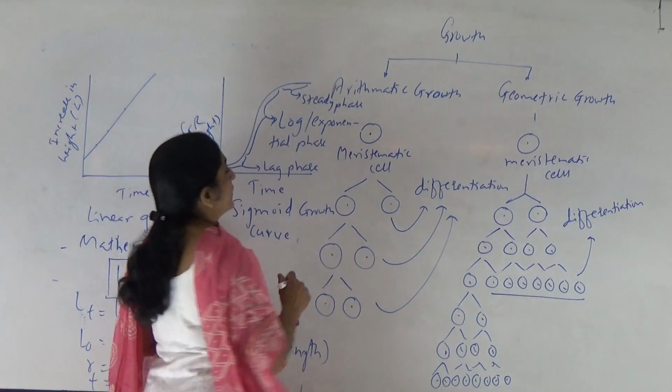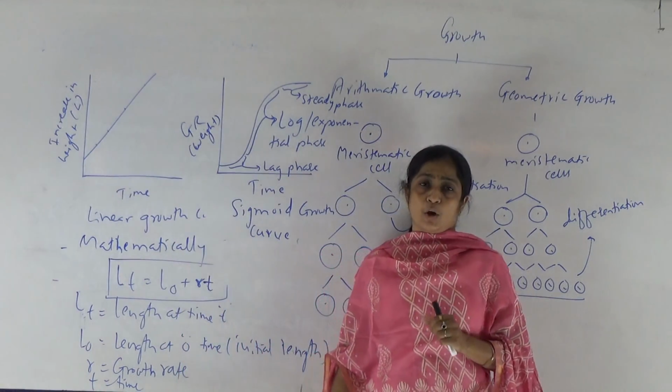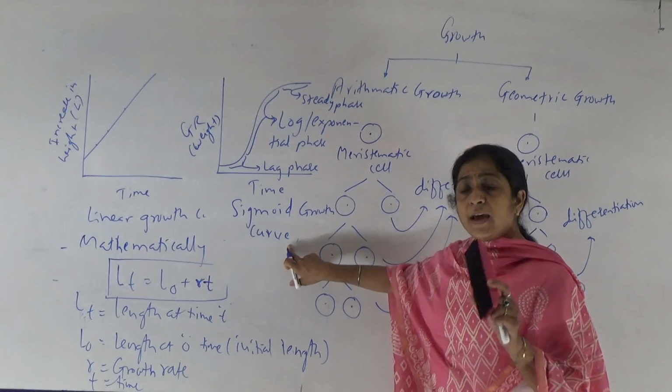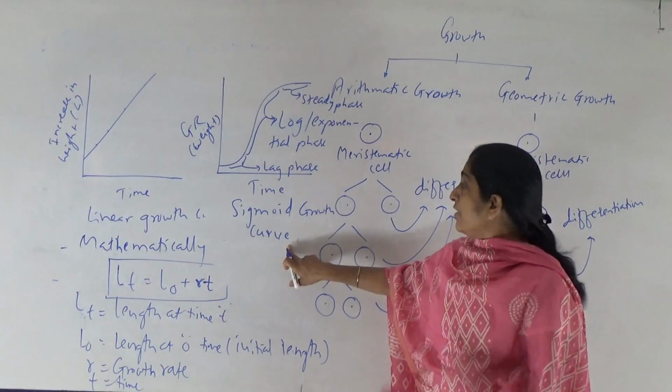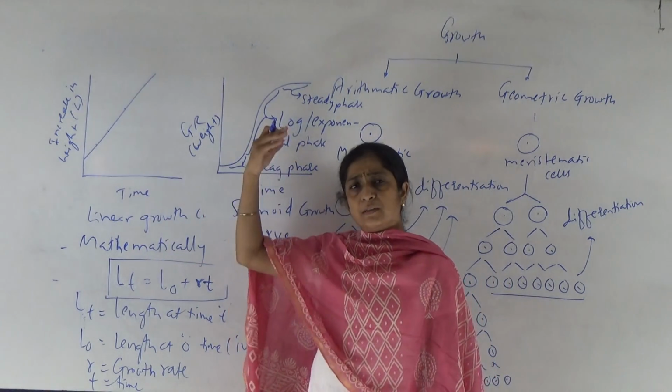Steady phase, right? So when we observe geometric growth in any living organism, the growth curve obtained is generally a sigmoid or S-shaped growth curve. Whereas in arithmetic growth, the growth curve obtained is a linear growth curve, a continuous increase.